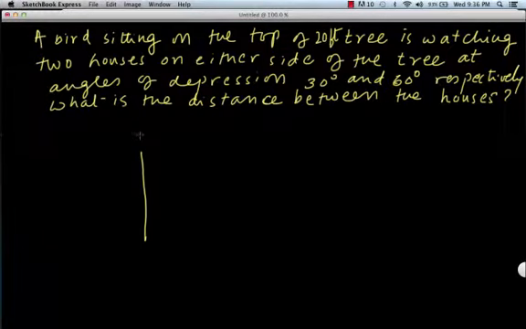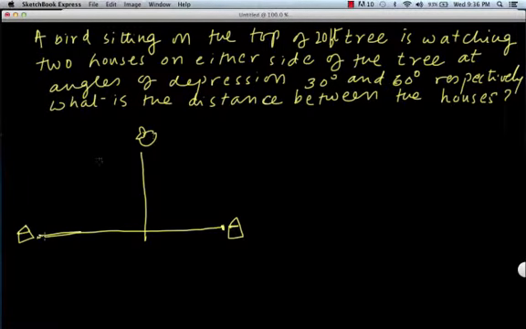So let's assume this is a tree and there is a bird sitting on the top of the tree and is watching two houses on either side of the tree at angles of depression.